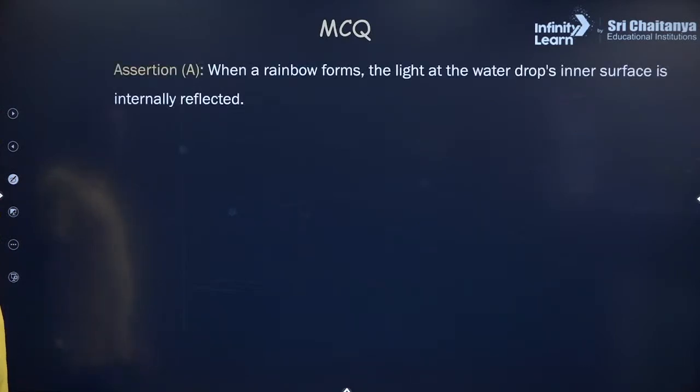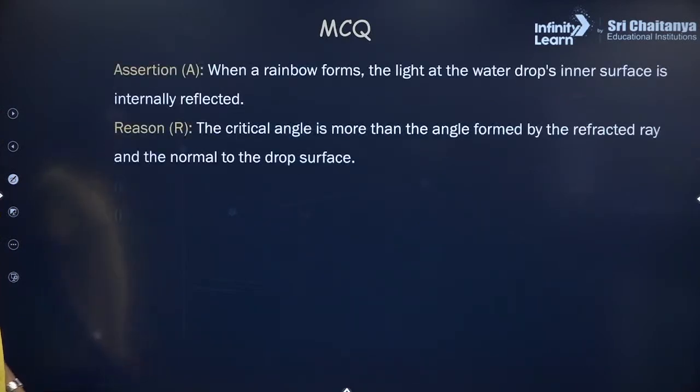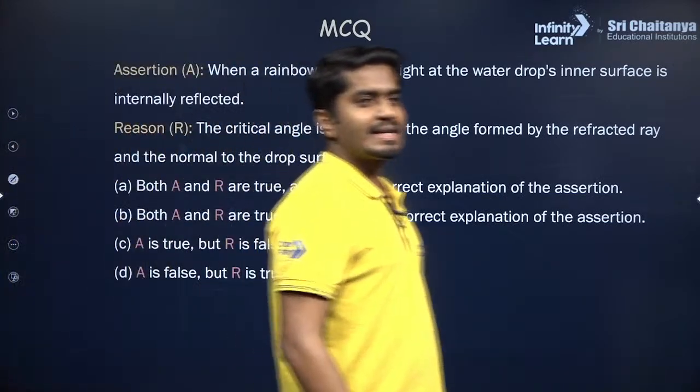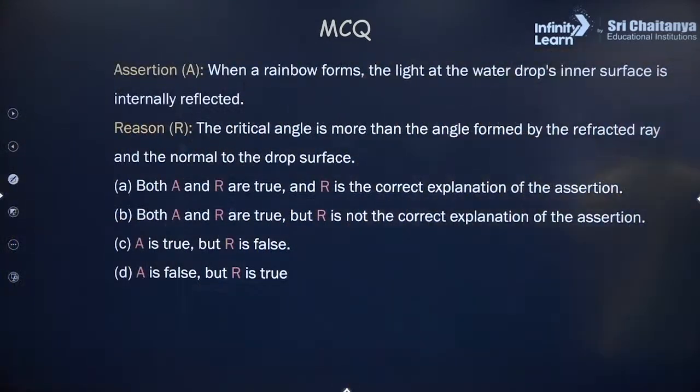Okay, let's solve this question. This is an assertion reason type question. Solve it. I'll read the chat. MCQ is easy when you eliminate options, correct. You guys are creative.